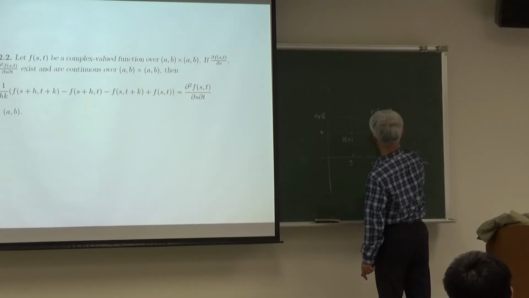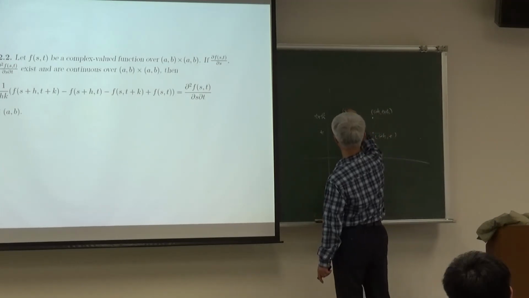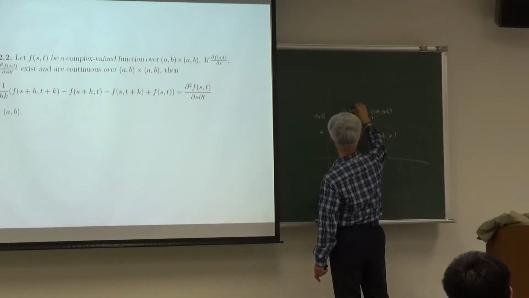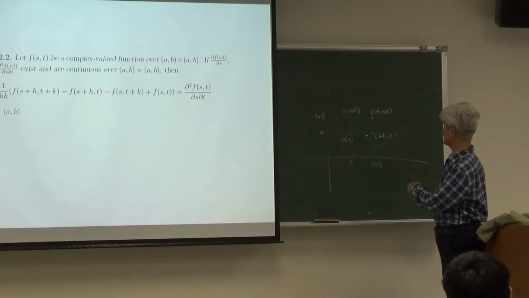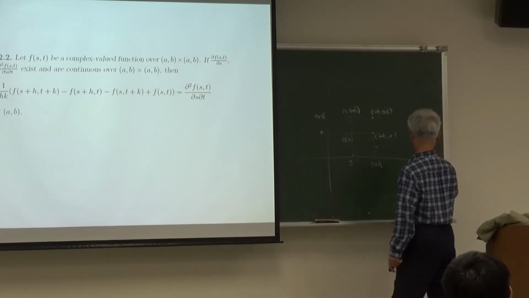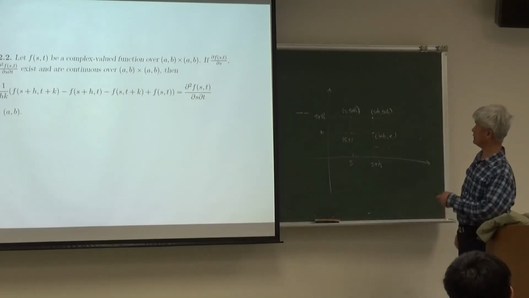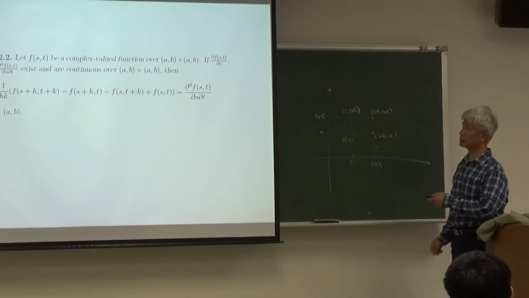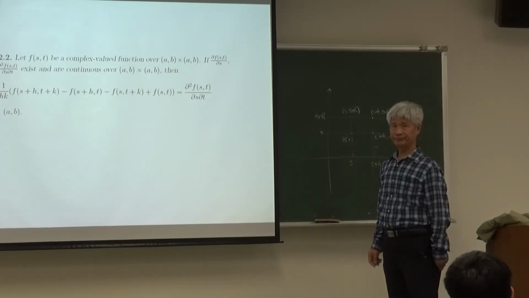This point is h. Okay. So here we have 4 points. And we take the value at these 4 points, and form this combination.